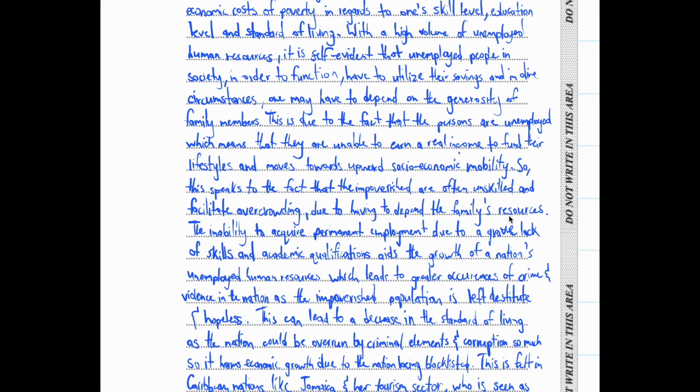And this overall can lead to a decrease in the standard of living. So, furthermore, I explain to say that a nation can be overrun by criminal elements and corruption, so much so that it harms economic growth due to the nation being blacklisted.